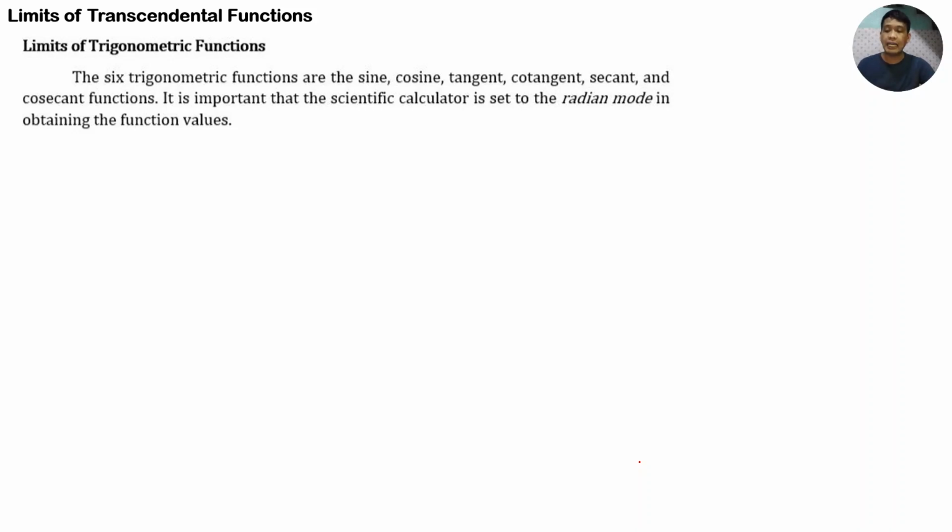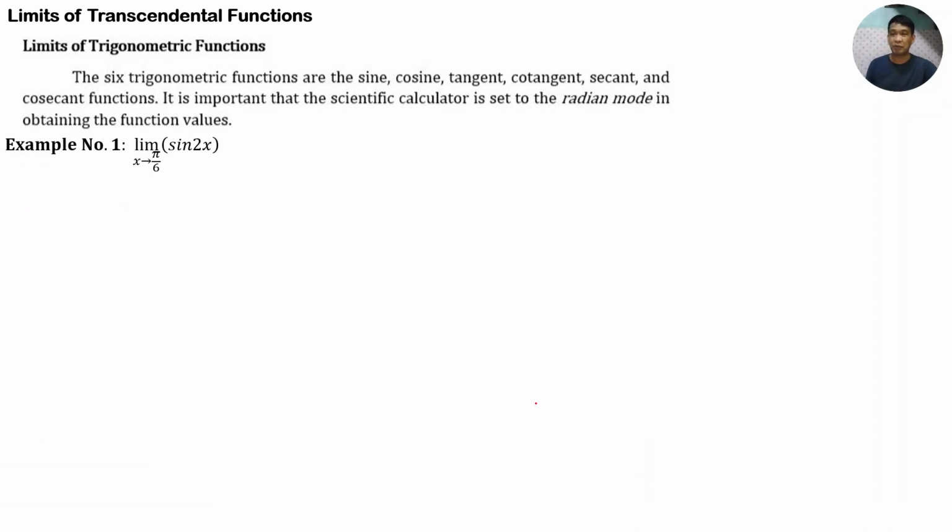So kapag ang angle ay naka-express in degree, dapat ang calculator naka-degree mode din. Kasi magkakamali tayo kapag hindi mo ginawa yan. So yun lang yung usual or common. Minsan nagkakamali ang mga tayo because hindi natin nakikita yung calculator.